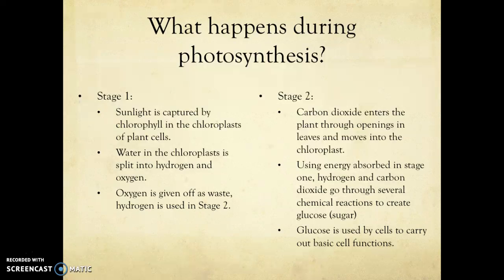Oxygen gets given away, and we come back to the hydrogen in stage 2. Carbon dioxide comes in, goes into the chloroplast, and the cell uses energy, hydrogen, and carbon dioxide to make glucose, which is then used by the cell.